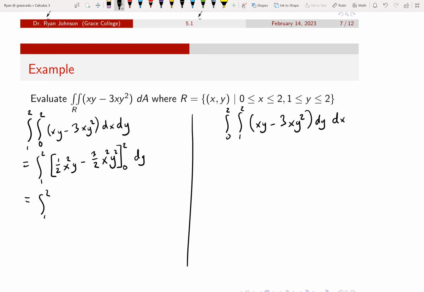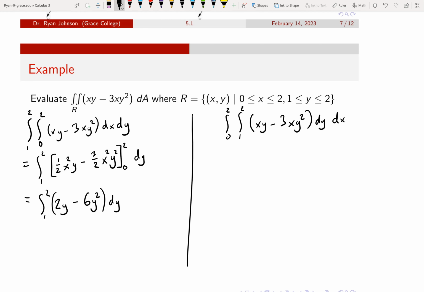Plugging in 0 will just give me zeros. So then I've got 1/2 times 4 is 2y, and then 3/2 times 4 is minus 6y squared dy. So I took the integral of the inside with respect to x.